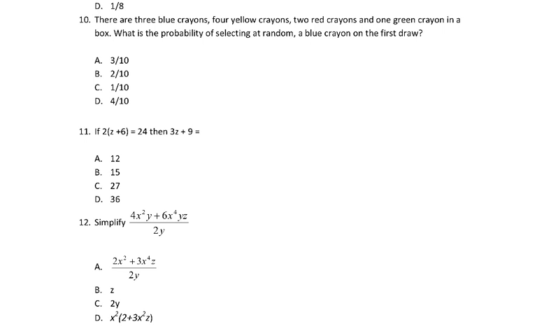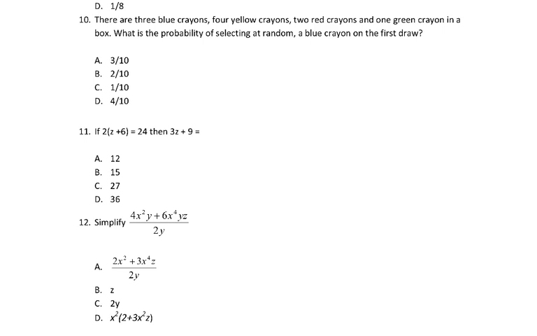There are 3 blue crayons, 4 yellow crayons, 2 red crayons, and 1 green crayon in a box. What's the probability of selecting at random a blue crayon on the first draw? So altogether, how many crayons?